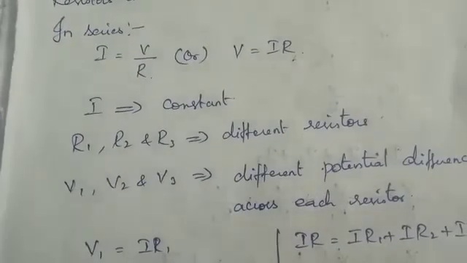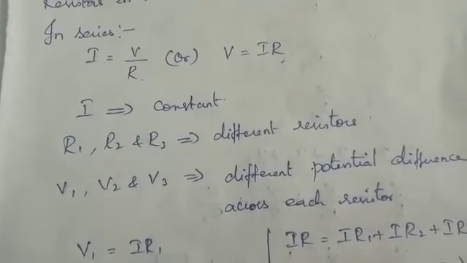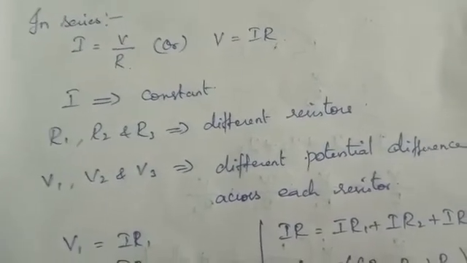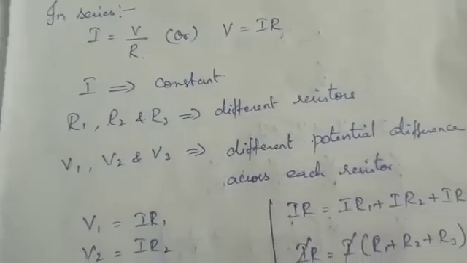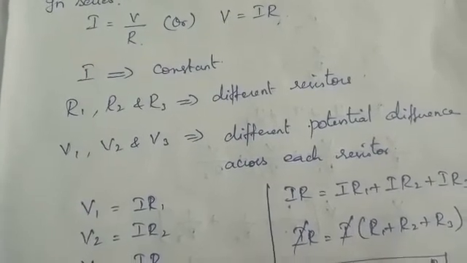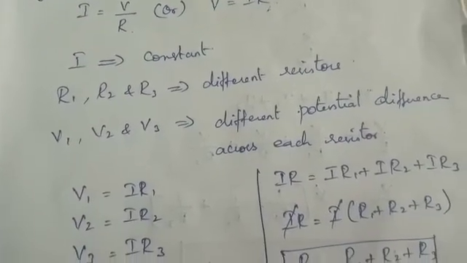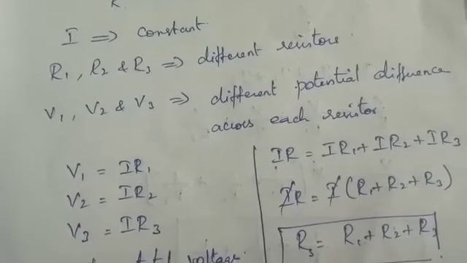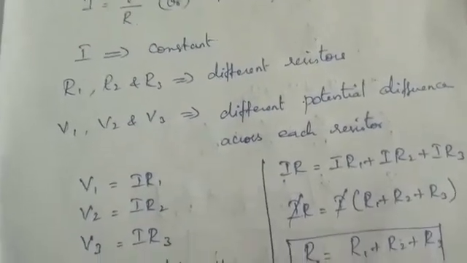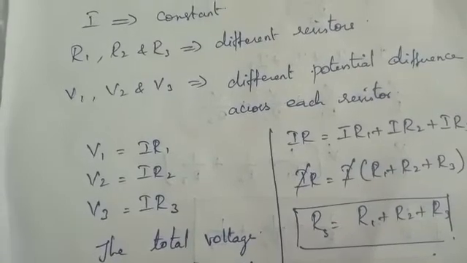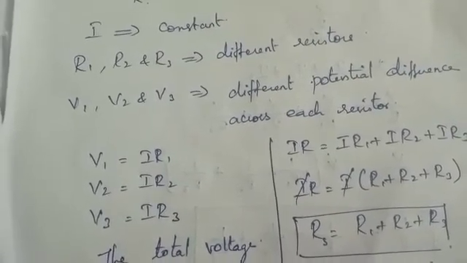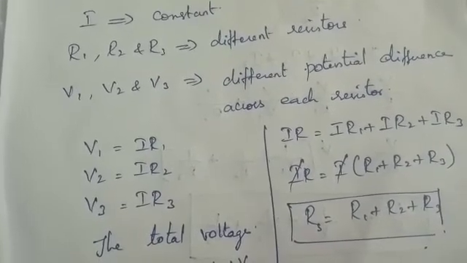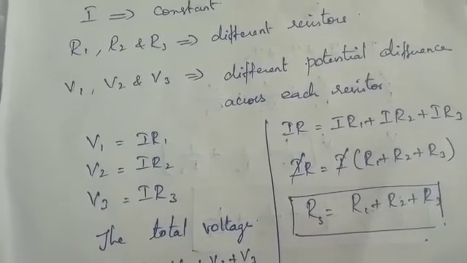Resistors in series: the general formula for Ohm's law, I is equal to V by R, can be rearranged, V is equal to IR. Here I is constant, and R1, R2, R3 produce different potential differences V1, V2 and V3. Here we have to split that. V1 is equal to IR1, V2 is equal to IR2, V3 is equal to IR3.